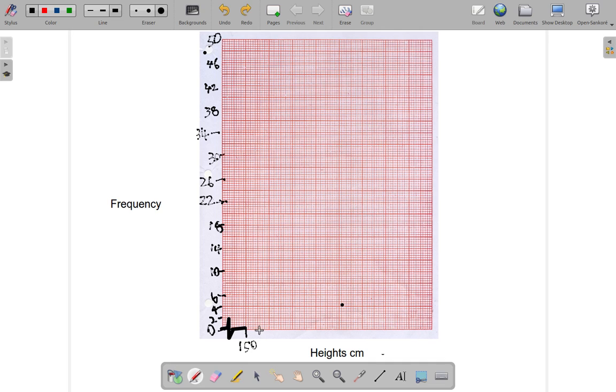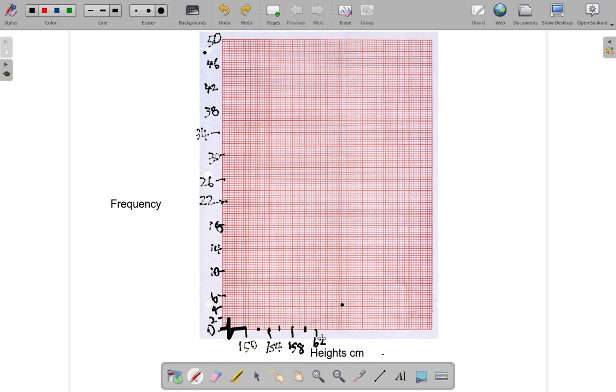That's 150, 152, 154. Let me write my 154 here. Then I have 156, 158, 160, 162. 160 would be here, 162 would be here.